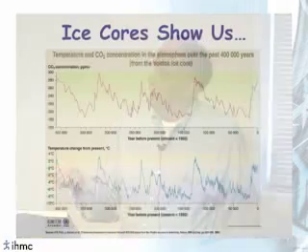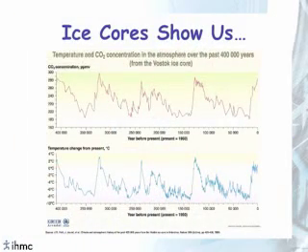And you can see that the carbon dioxide has gone up and down for the last 400,000 years. And then on the bottom part here, you can measure the temperature by looking at something called the oxygen 18. I won't go into the details of that, but you can get a temperature record for the 400,000 years. And you can see that when the carbon dioxide is high, the temperature of the planet was relatively warm, and where it was low, there was low carbon dioxide. So there's a very good correlation between carbon dioxide and temperature.